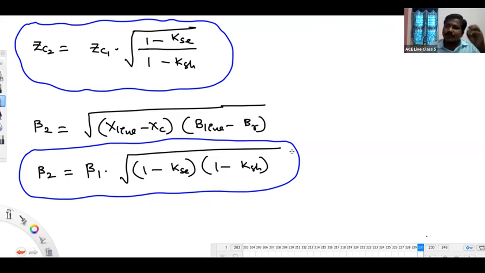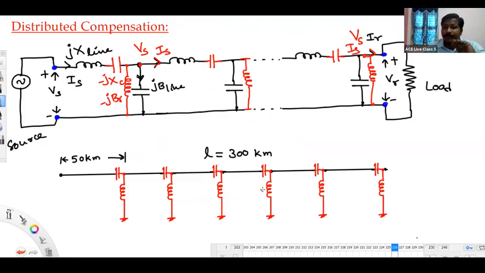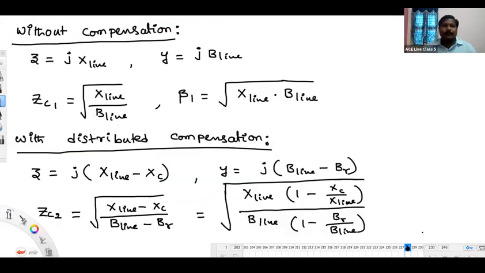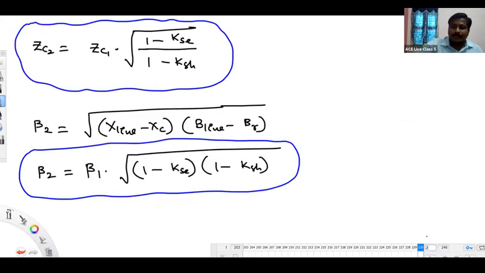Distributed compensation also they will use, maybe not cutting this length into 50 kilometers; they may go for 100 kilometers or 150 kilometers. Series capacitors are practical, shunt reactors are also practical in the system. Okay, fine.